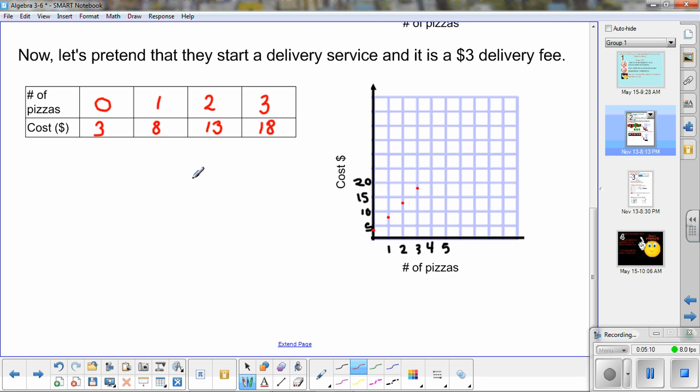If I were to write an equation for this situation, the cost for the pizzas is going to equal $5 times the number of pizzas plus the $3 delivery fee.